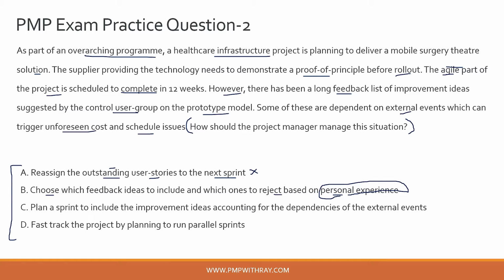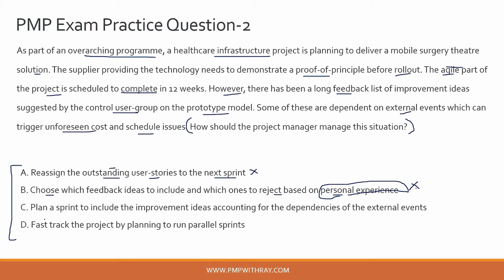With this option, you are taking the team out of the equation and taking a decision yourself. So for that reason, option B is incorrect as well. Make a note, guys, how we are analyzing each and every option and rejecting them not because it doesn't feel right or doesn't seem right, but only on solid grounds.